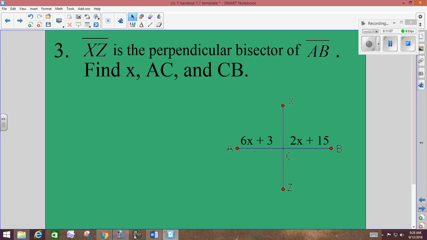Number 3, segment XZ is the perpendicular bisector of segment AB. Okay, so we can kind of break this up and dissect this sentence if you want. Segment XZ is perpendicular to segment AB. Lucas, if segments are perpendicular, what do we know about them then?